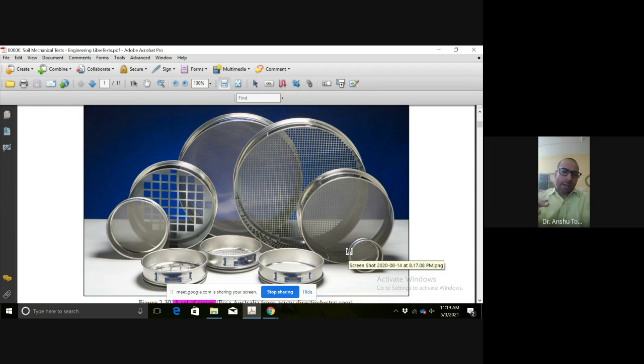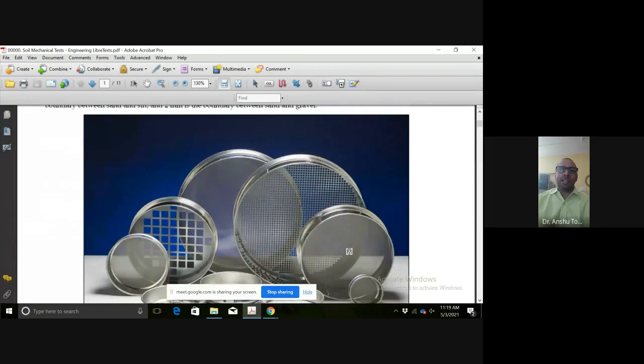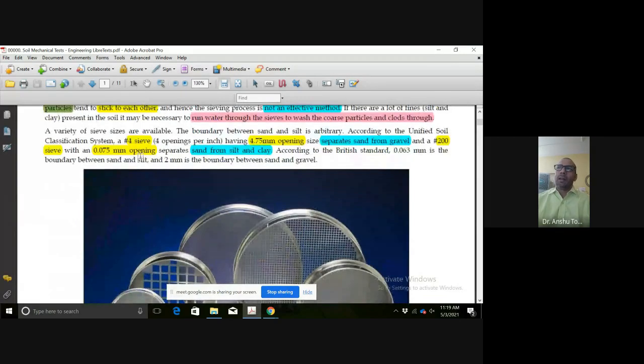But as soon as it reaches the seventh sieve, it is possible to separate them out: whatever is passing is clay, and what is retained is sand. That is why they have mentioned 0.075 mm, as per ASTM, as the sieve differentiating sand from silt and clay. According to the British standard, it is 0.063 mm between sand and silt. 2 mm is the boundary between sand and gravel.